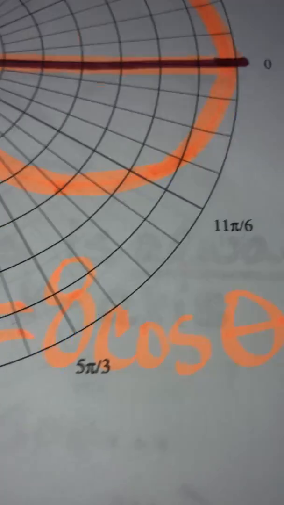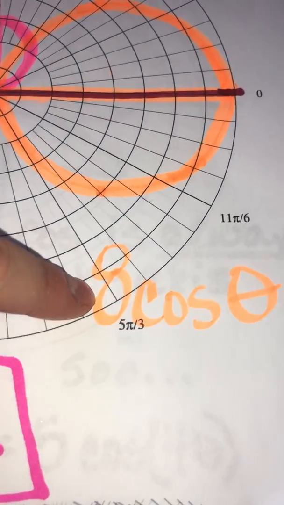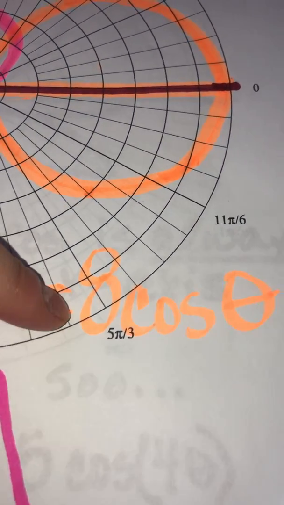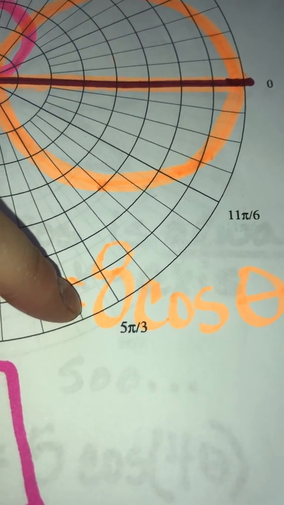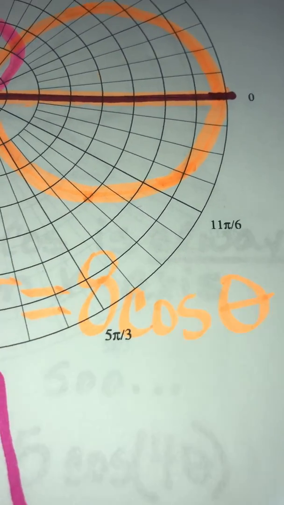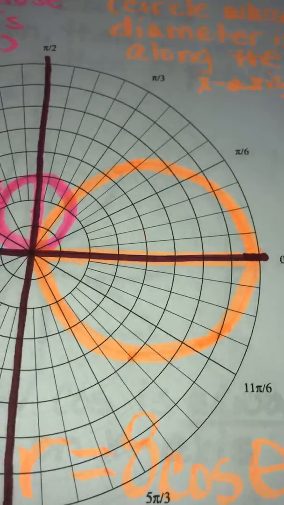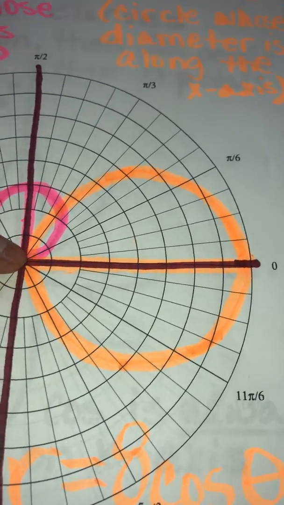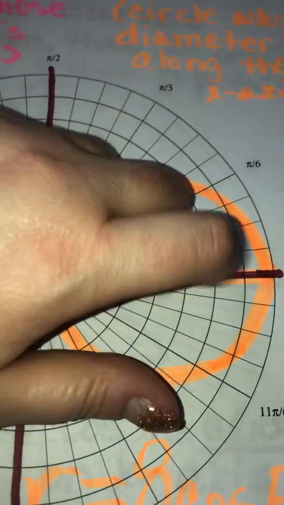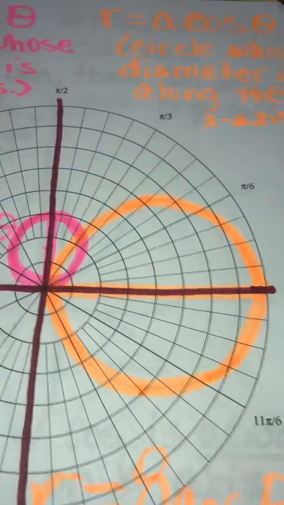So let's say a is the number 8. Then it's a circle because it's a cosine theta, and the diameter is along the x-axis like so, and it starts at 0, 0, and it goes 8 rings out.